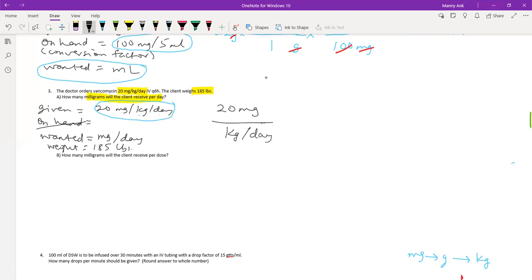So 20 milligrams per kilogram per day, times... this is kilogram, but I have pounds. So I have to do that conversion first. How do you change kilograms to pounds?